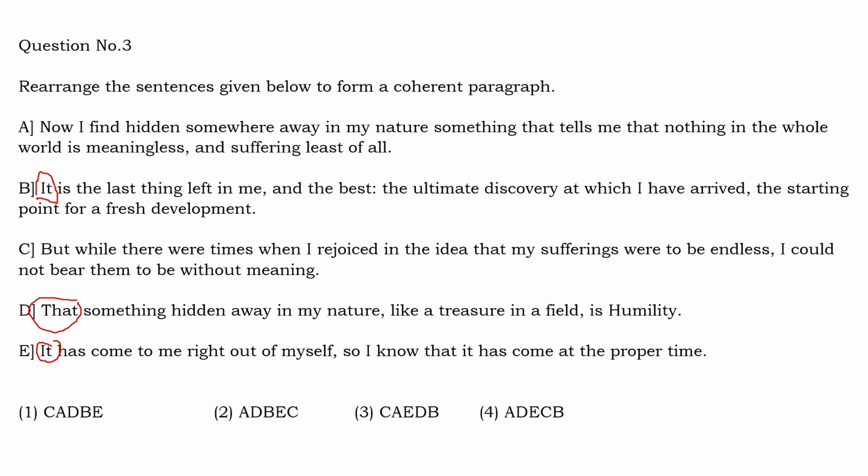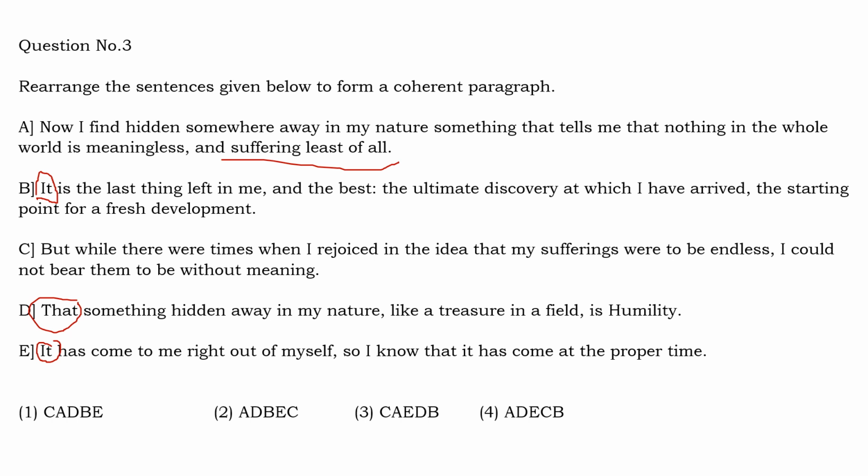Then you can say A: but now I find hidden somewhere away in my nature something that tells me that nothing in the whole world is meaningless, and suffering least of all, meaning suffering is not at all meaningless. So first he says that I could accept that my sufferings are endless, but I could not accept that they were meaningless.